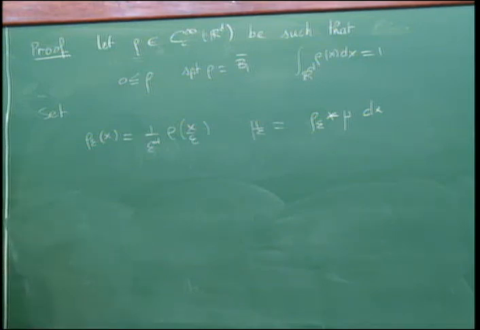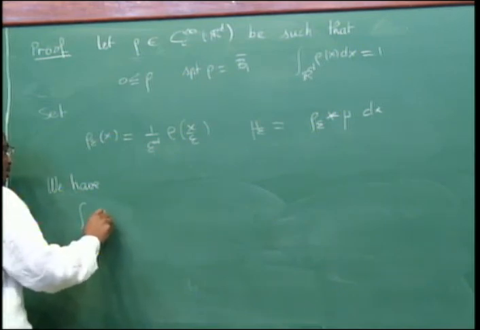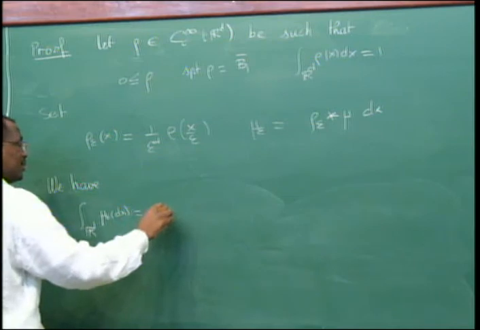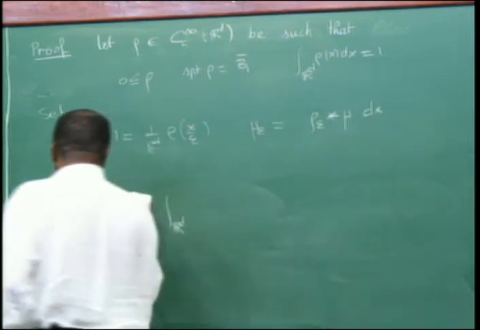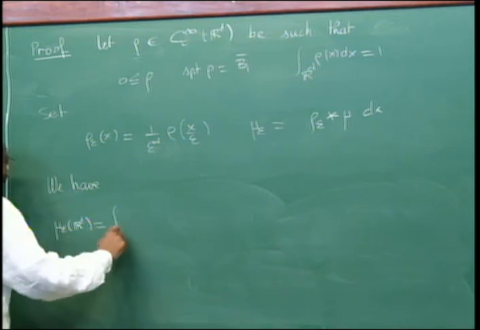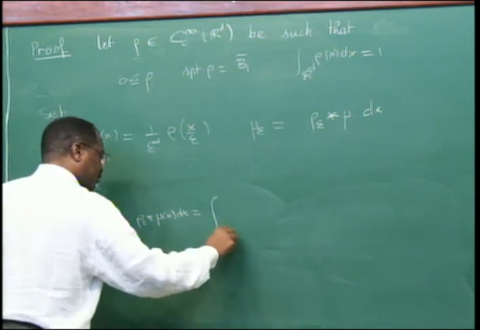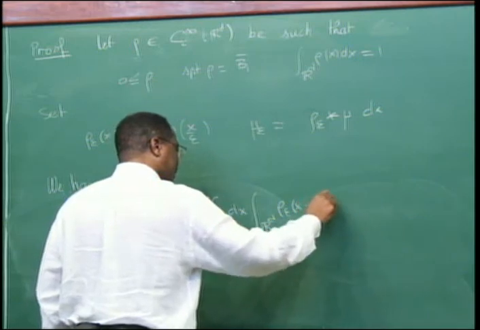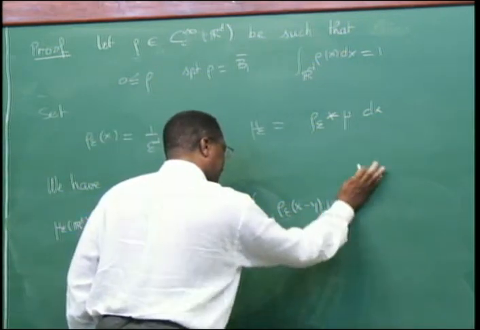So if I compute the mass, we have mu epsilon of Rd is the integral over Rd of rho epsilon convolution mu of x dx, which is the integral over Rd dx, the integral over Rd of rho epsilon of x minus y, d mu of y.